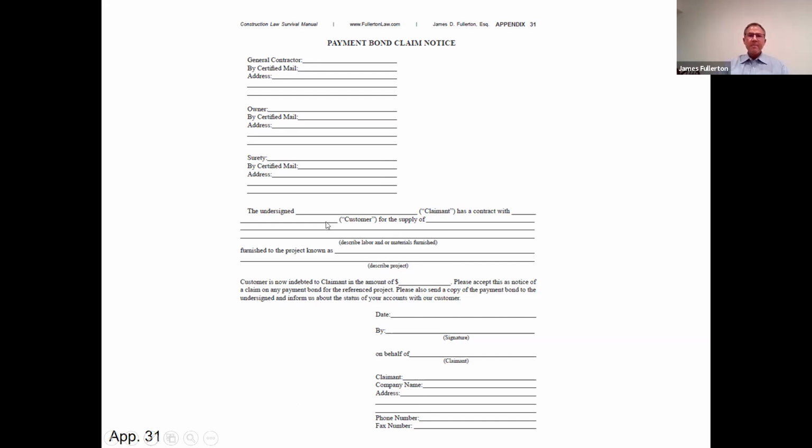But the more people you can send this notice to, the greater the chance you're going to be able to freeze money. And even on a private project, I think it's a good idea to send this out. In other words, one of my secret tricks is you don't even need to know that a job is bonded in order to send a bond claim notice.